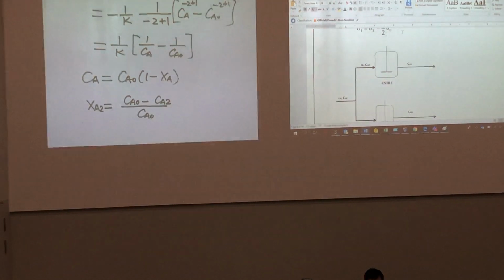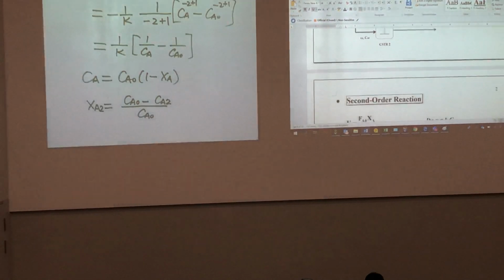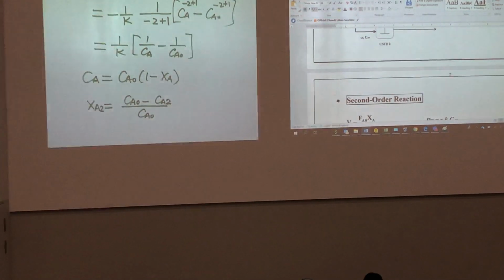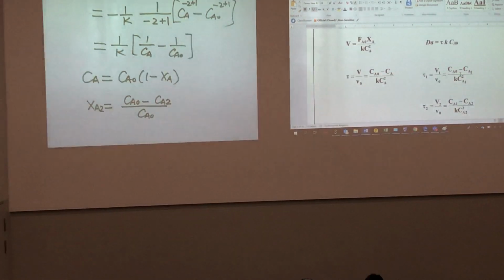Then you just do one by one. It's like you are doing a single CSTR here, then another single CSTR here. So this is for parallel. If the reaction is second order, whereas just now it was first order, it's the same.